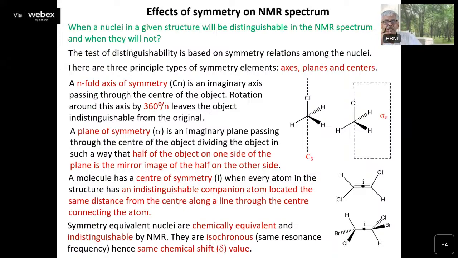These nuclei are called chemically equivalent nuclei, and if the nuclei are chemically equivalent, they are indistinguishable by NMR. So all chemically equivalent nuclei are indistinguishable by NMR. They are also called isochronous, which means they have the same resonance frequency. Hence, they have the same chemical shift. If the resonance frequency is the same, they will have the same chemical shift.